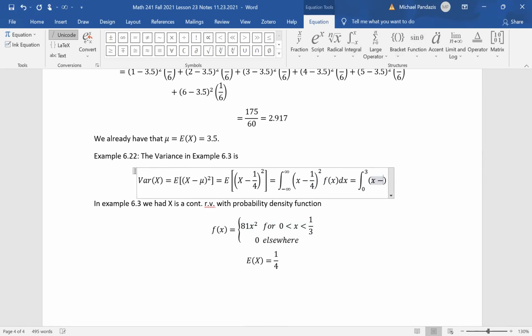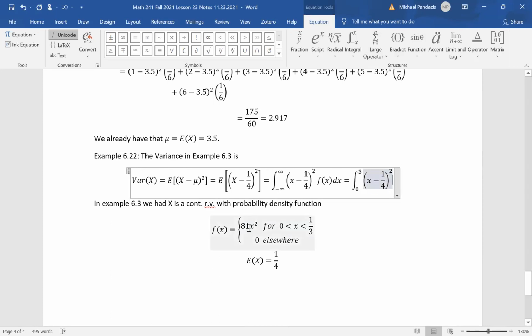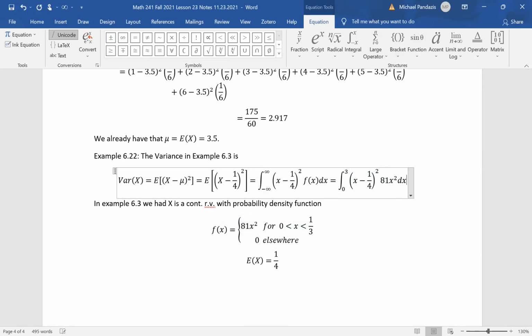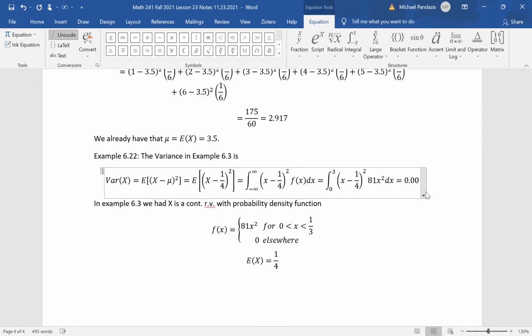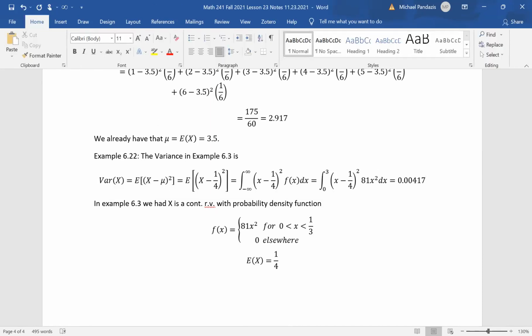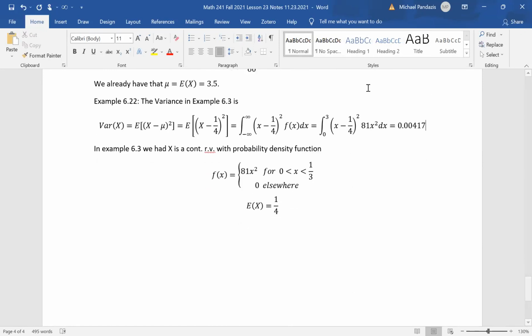And so X minus 1/4 squared times f of X, which is 81X squared dx. If you calculate the integral, you get 0.00417. So the variance of X there is 0.00417. All right, so that's another example.